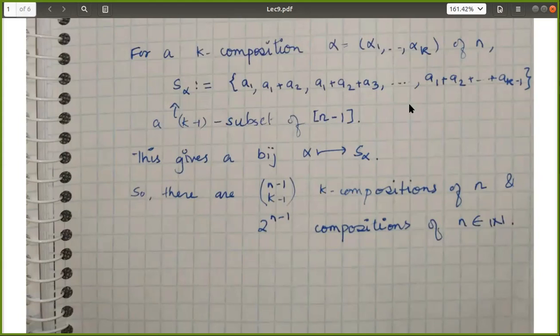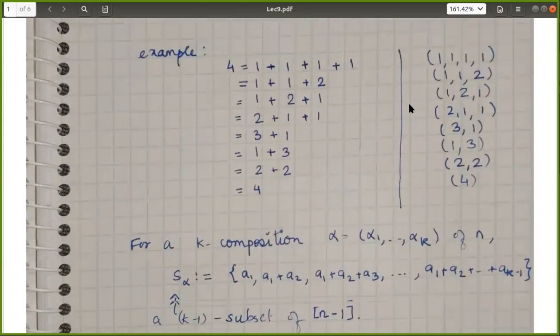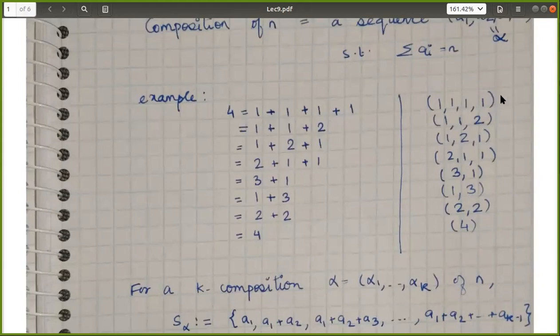Is that right? Also, if you want to find all the compositions of n, regardless of the number of boxes in which it partitions, as in here, this was a 4 composition. These were 3 compositions.